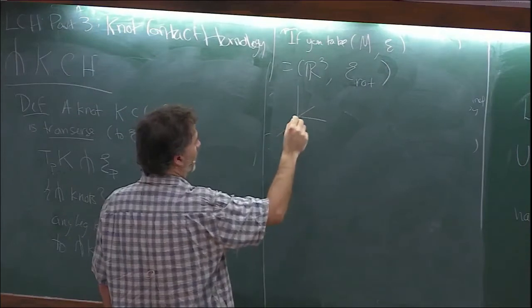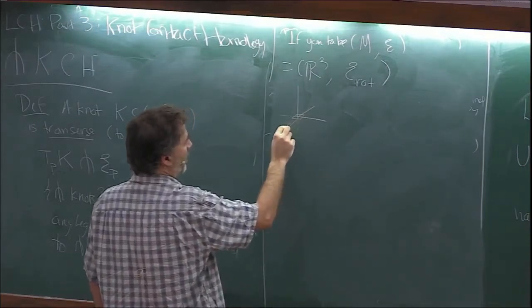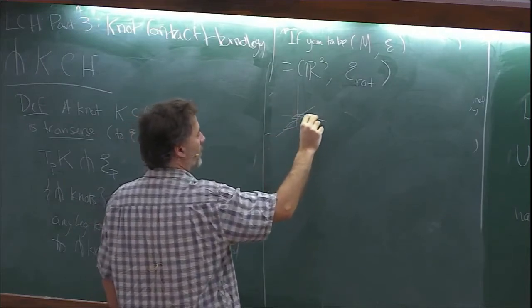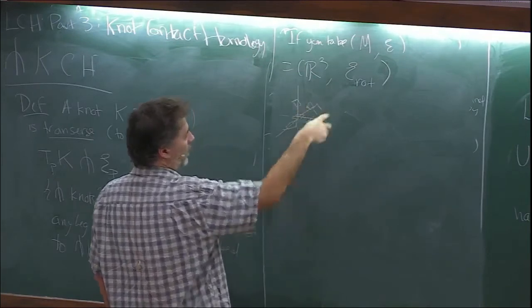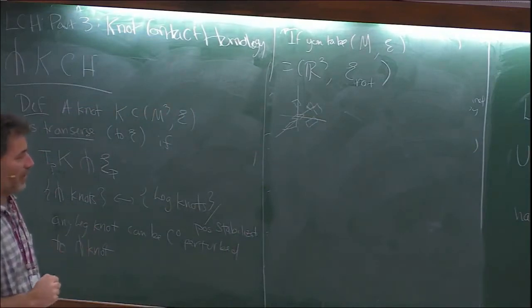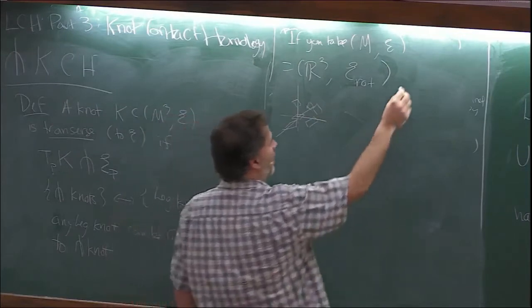So I'll just make some vague attempt to draw this. As you go out in the radial direction, you twist, and you twist by the same angle based on how far out you are, not on your theta coordinate. Anyway, this is from lecture 1.